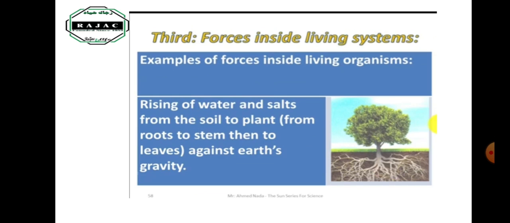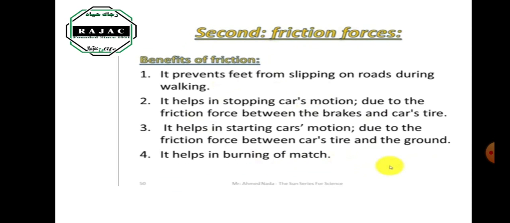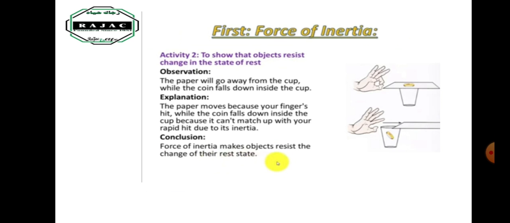Number three, liquids inside the plant move from lower concentration to higher concentration. It means this force is against the earth's gravity. So by rising of water and salts from the soil to the plant, this is also a force but inside the plant. By this way, I have finished lesson 2, unit 2.